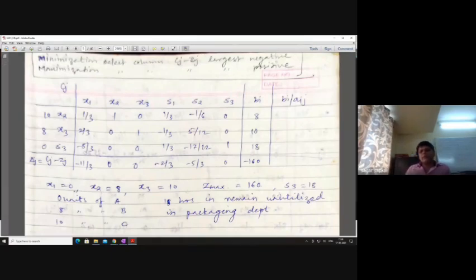So those 18 hours will remain unutilized in packaging department when we go for maximizing the objective function. Are you getting me? This is the answer. 18 hours remain unutilized in packaging department.